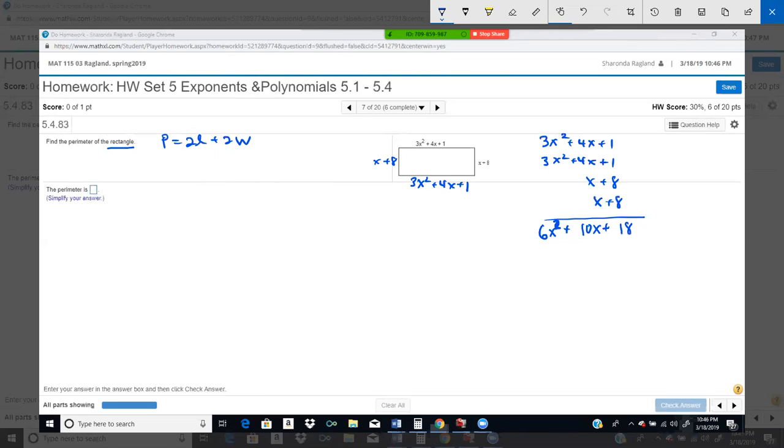The coefficient is a number that's attached to your variable or the constant, okay? And so this would be your final answer, 6x squared plus 10x plus 18. And this is in descending order. And what I mean by descending order, I mean looking at the exponent, okay? Highest degree, then next highest, and the constant is last. All right, so we dealt with adding polynomials.